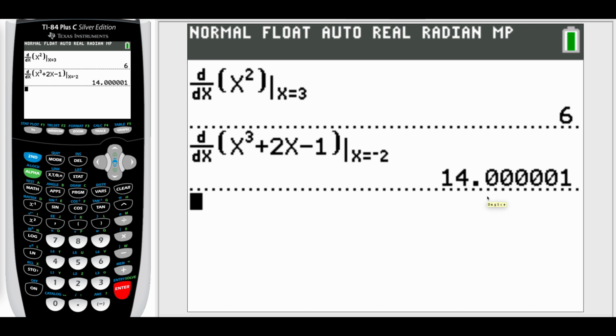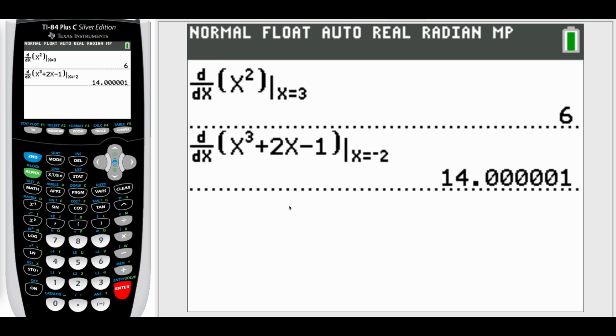Sometimes when you input a value like this, you'll end up with something like 14.000001. You have to know to ignore that 0.000001. What your calculator is doing is essentially counting to figure out the derivative, rather than actually finding the derivative and then plugging in negative 2.